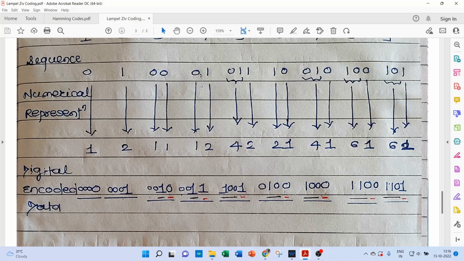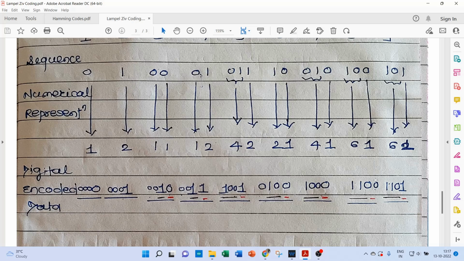For 4 2, 2 is represented by 1, and 4 is represented by 100. Again 2 1, for 1 the representation is 0, and for 2 it is 010. For 4 1, 1 is represented by 0, and 4 by 100.